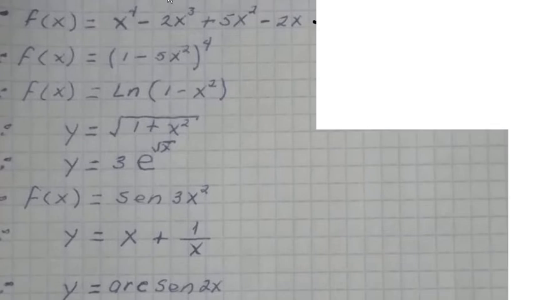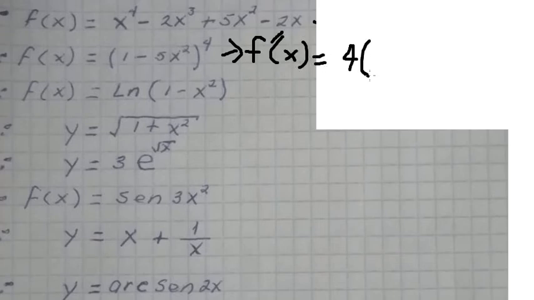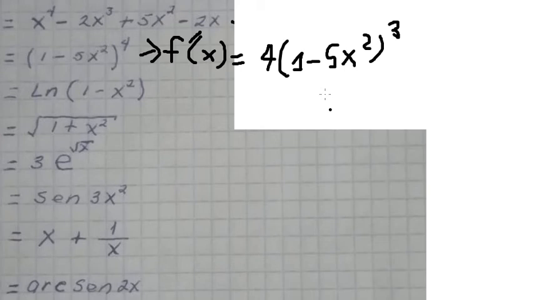So question number 2 should be like this. You get 4 multiplied with 1 minus 5s squared to the power of 3. 4 minus 1, you get 3. Later we continue to do the first derivative inside of this one in here.